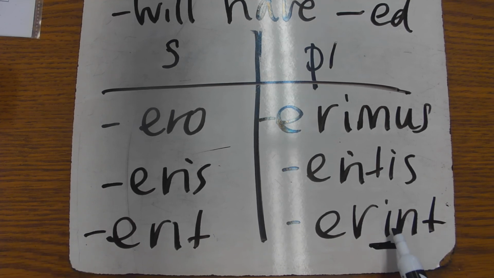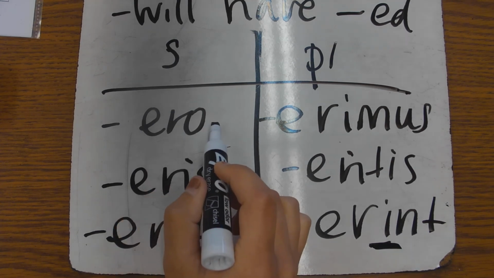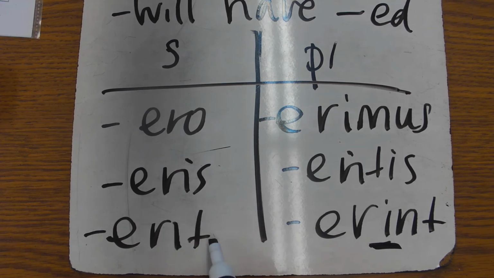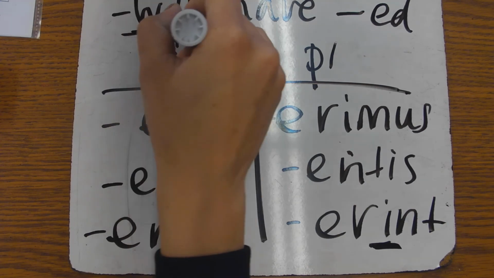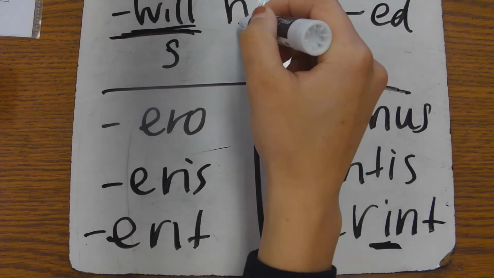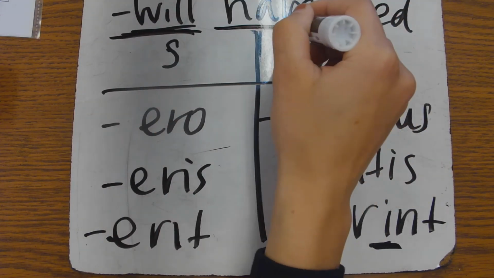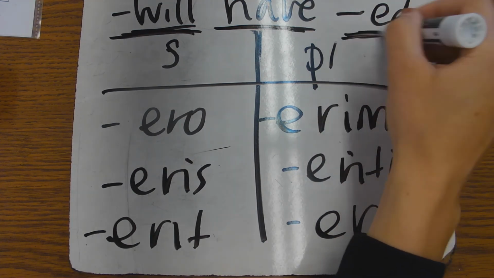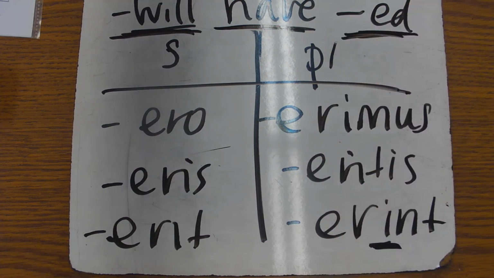Erint. This one's an I. Okay, so this is I will have blanked, you will have blanked, he, she, it will have blanked, we will have blanked, you all will have blanked, and they will have blanked. Okay? Will, we have that future will. And then we have the had or the have of the perfect, and then the ed of the perfect. All right? So I will do examples in the next video.